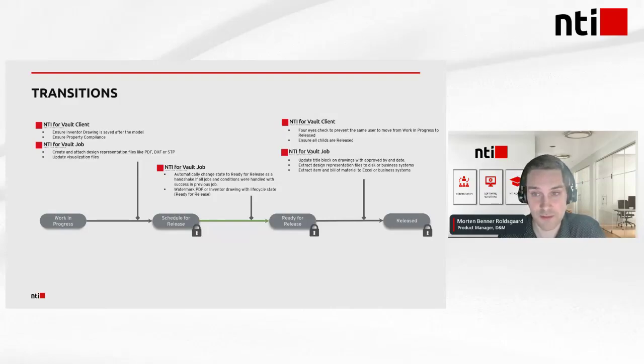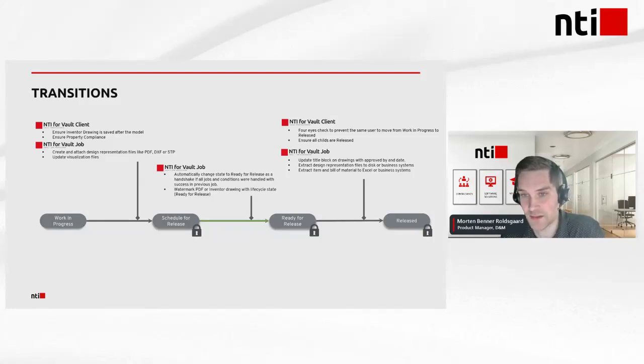Another usage of this could also be to ensure that all child components are released, which is a very common use here. So we don't want to approve an assembly that includes components that are not yet released or being released in the same transition.